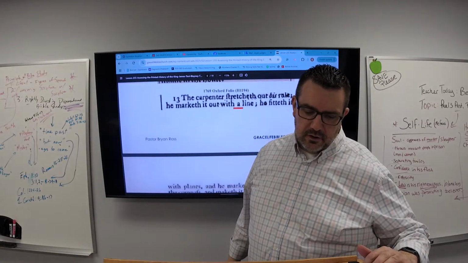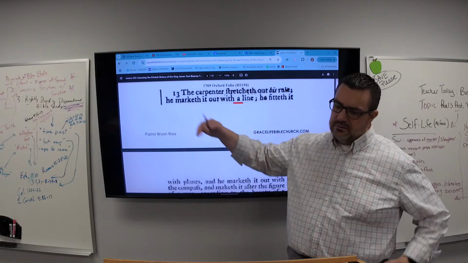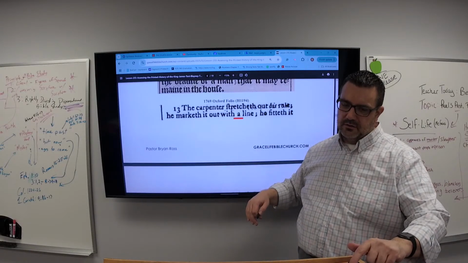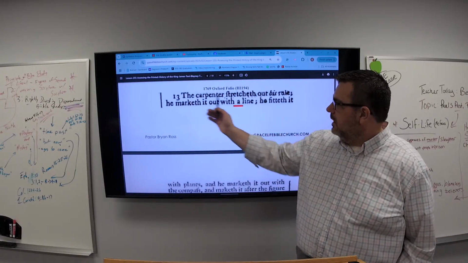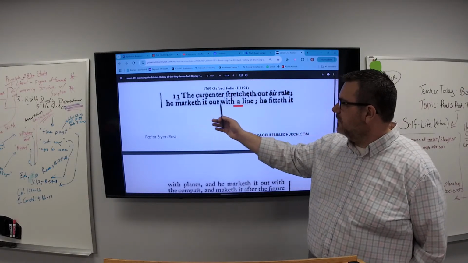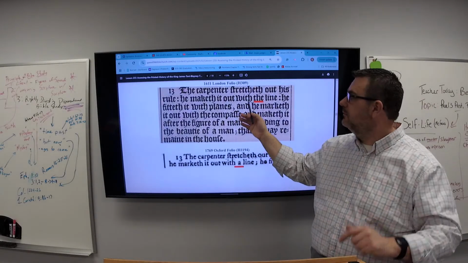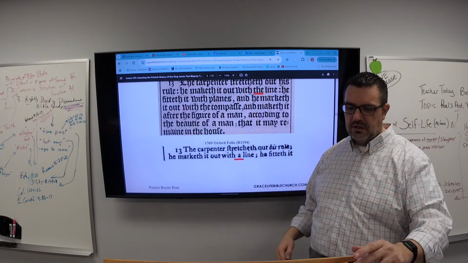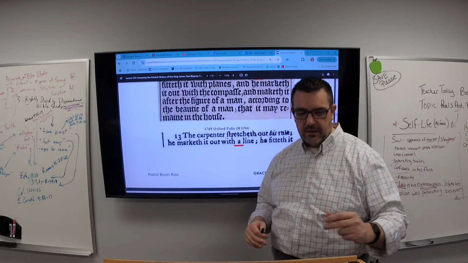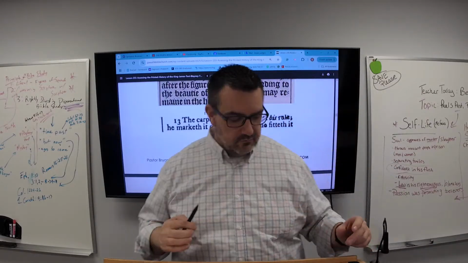Notice the verse in the 1769. Okay? I read this wrong. Marketh is the correct, not maketh, it's marketh. Sorry. So, he marketh it out with a line versus what? The line. So, a change again in the use of the definite article is being made by Blayney to this verse here in Isaiah 44, verse 13.